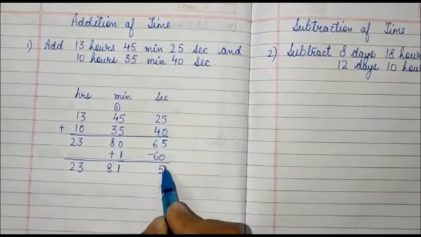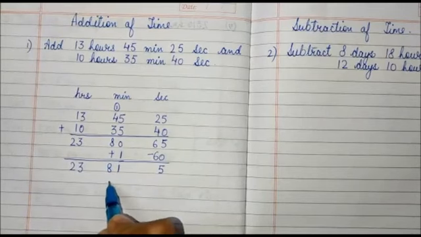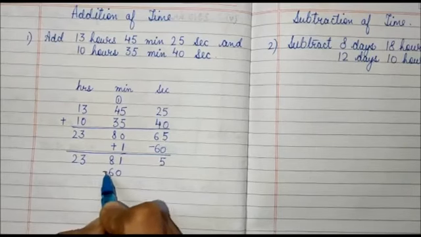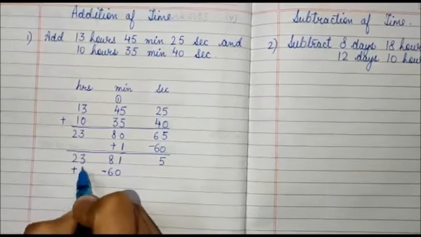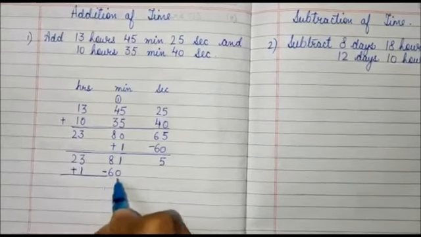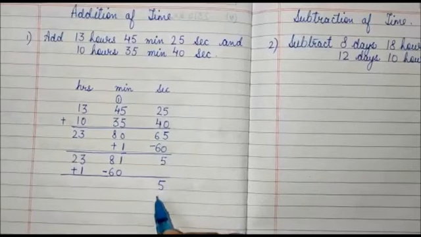Now I cannot make any change for 5 seconds. It is going to be the same, but I can take 60 minutes from this particular column. Deducting 60 minutes means I have to add 1 hour here. This is to be done at the same step. This will be as it is, no change for the seconds.